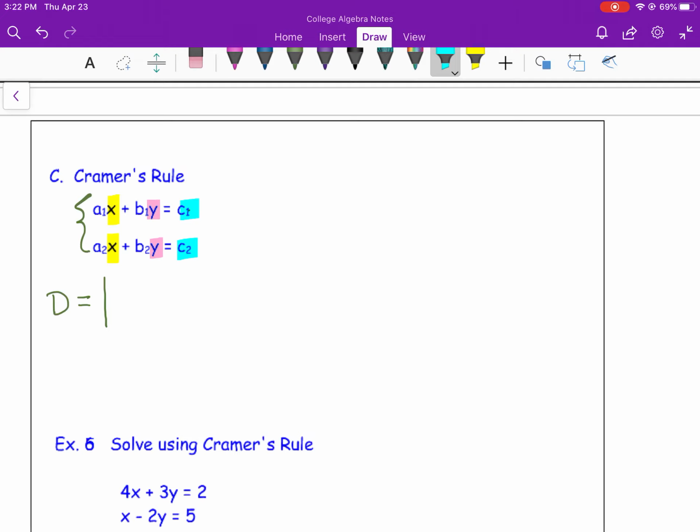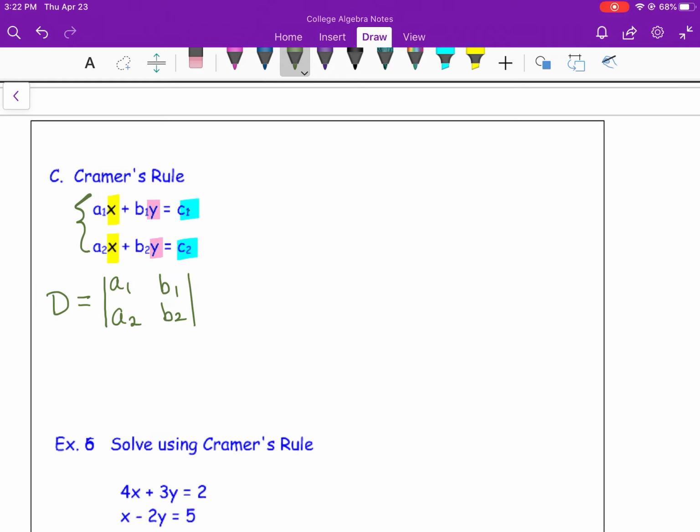What we're going to do for our denominator determinant is just put a1, a2, b1, b2. So it's the numbers in front of the x's stacked on top of each other, same with the numbers in front of the y's.